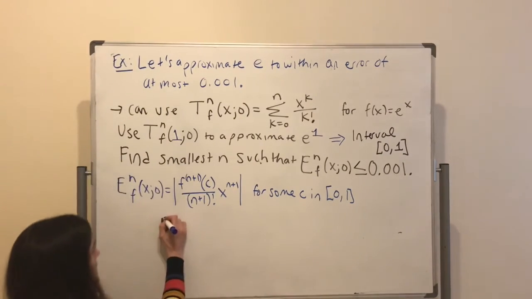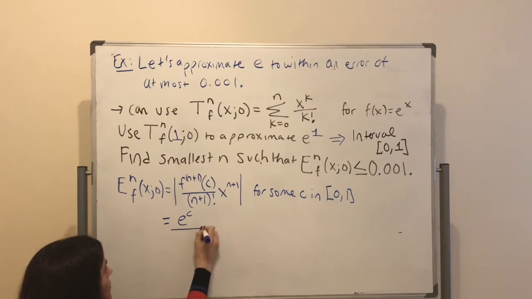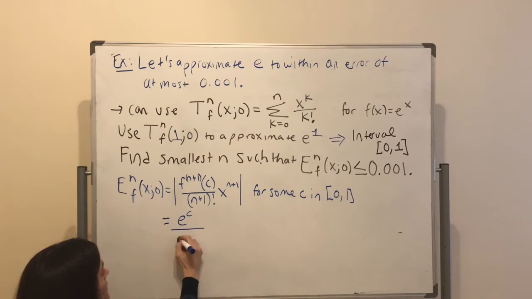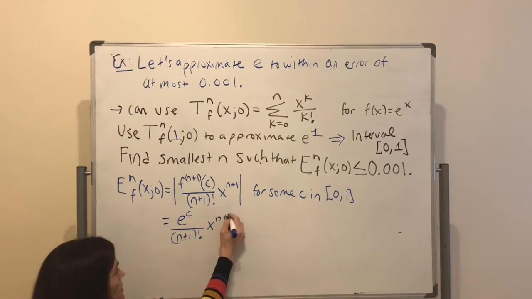Okay, so this will be equal to e to the c over n plus 1 factorial, and then I will just go ahead and put this for the moment, x to the n plus 1.